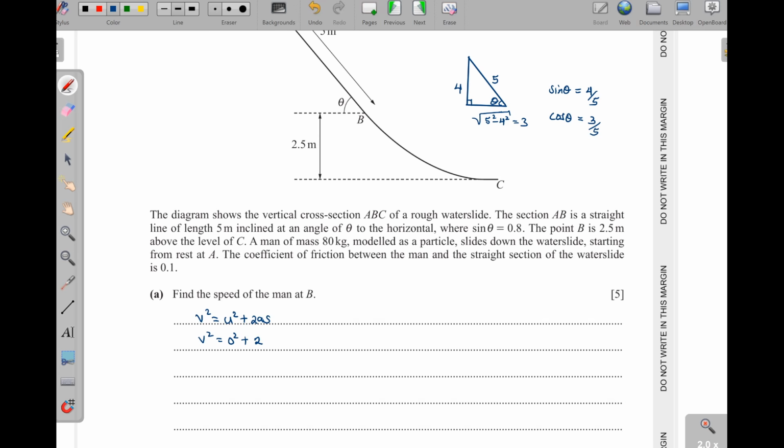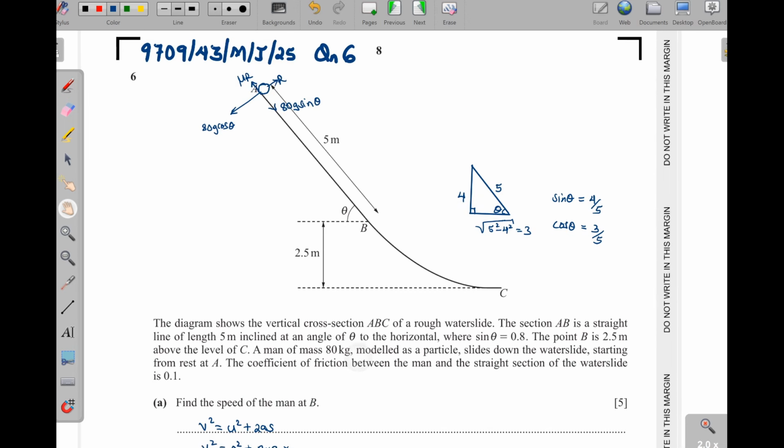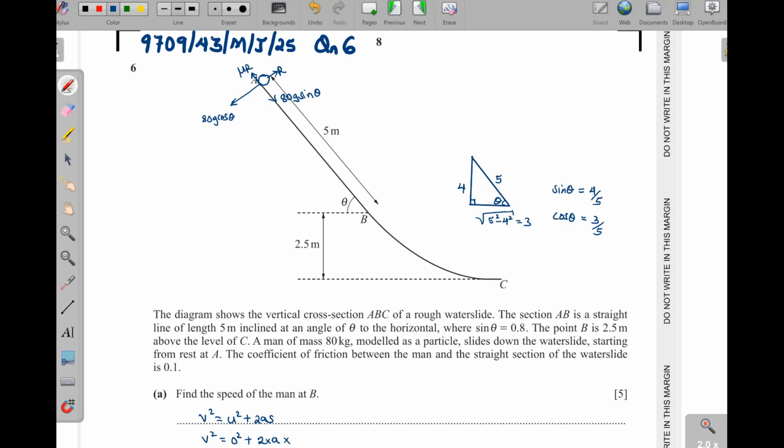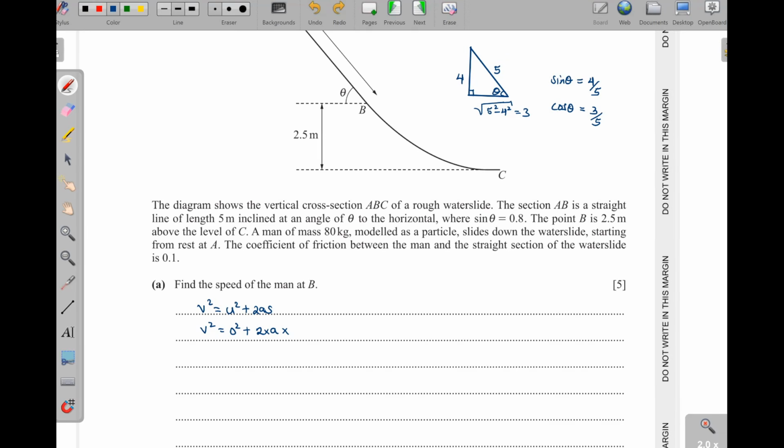So this is 2 times a, then times the distance traveled. From A to B is 5. You see it? From A to B, that is 5. So times 5. So meaning a is going to be equal to v squared out of 2 times 5, that is 10. I can keep that.